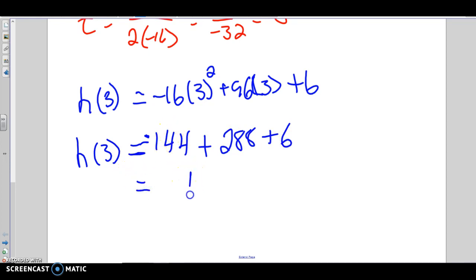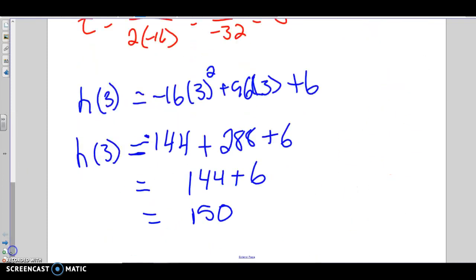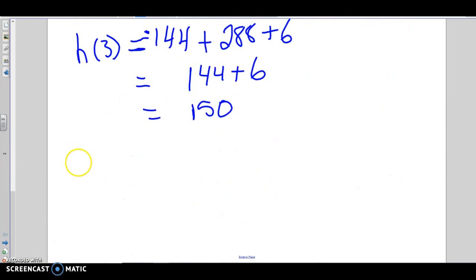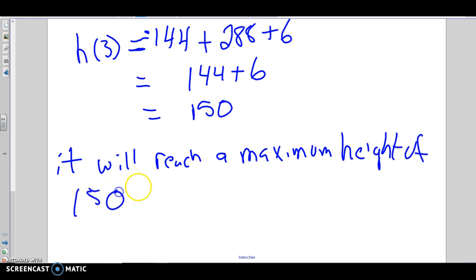Negative 144 plus 288 is positive 144. And 144 plus 6 is 150. So it will reach its maximum height of 150 feet after 3 seconds.